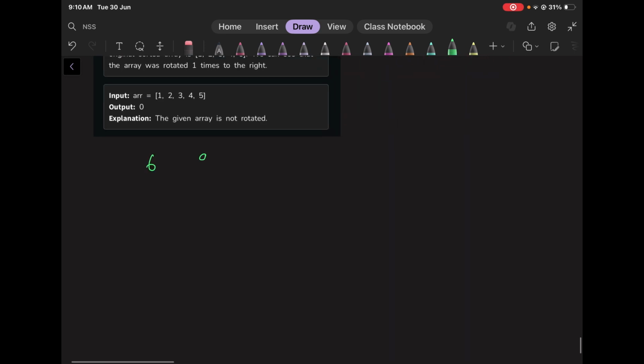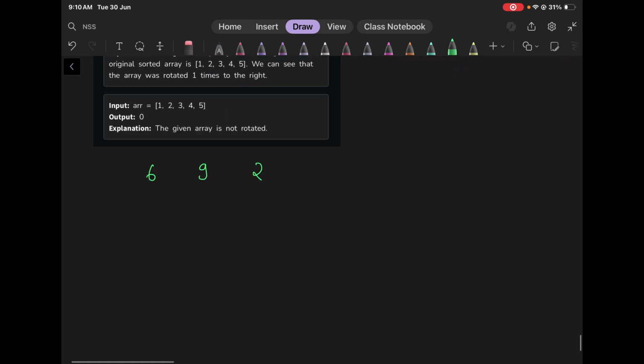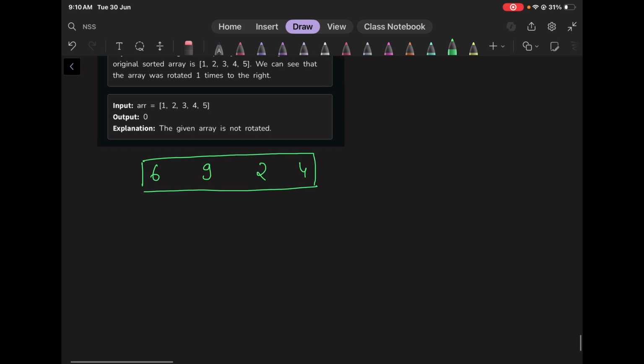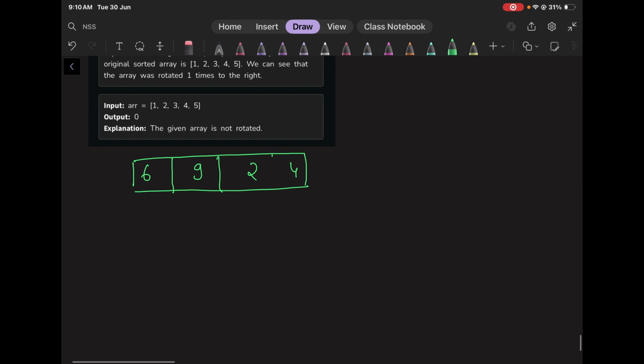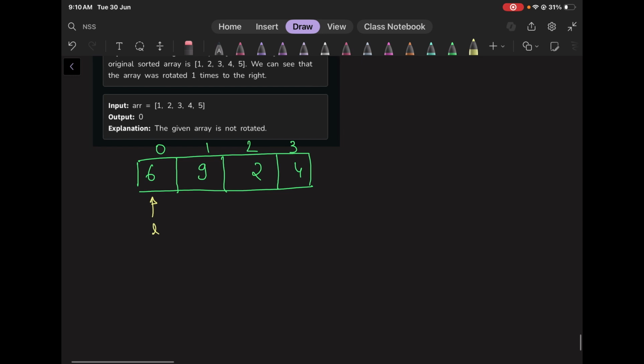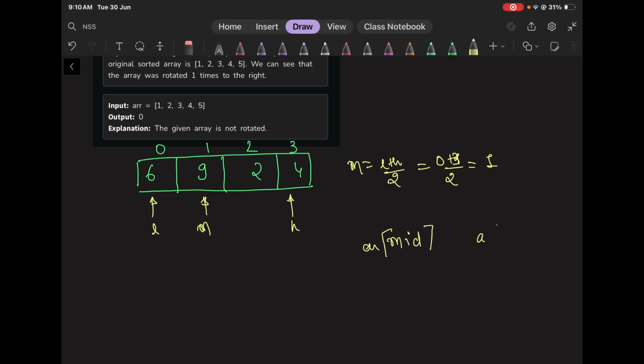So I do 6 9 2 and 4, with indices 0 1 2 3. I have my low over here, high over here. I calculate my mid, that is low plus high by 2. This turns out to be 0 plus 3 by 2, so this is 1. So in this case I have my mid over here. Now I check the relation between my ARR of mid and ARR of high.